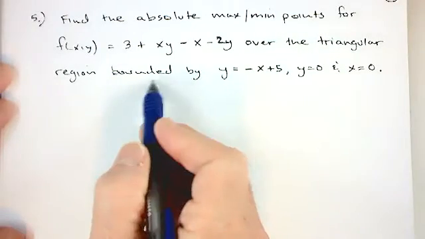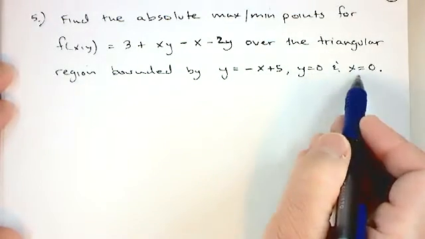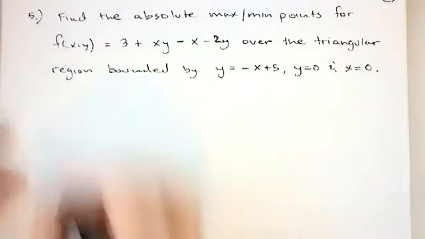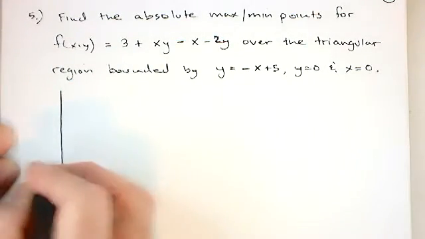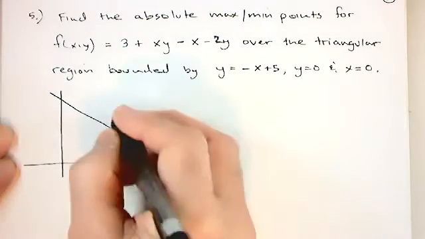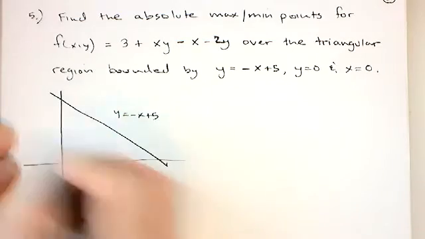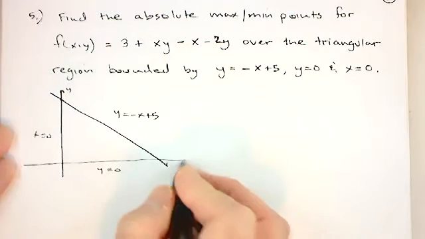Over the triangular region bounded by y equals negative x plus 5, y equals 0, and x equals 0. What they're talking about here, let me first sketch that region. Okay, this forms a triangle if you graph this.